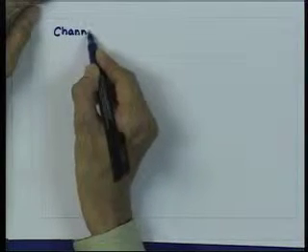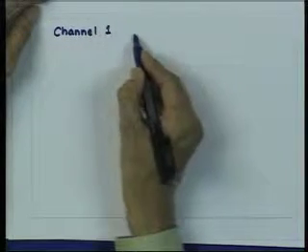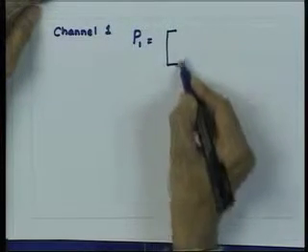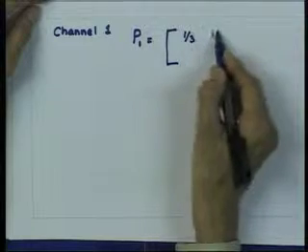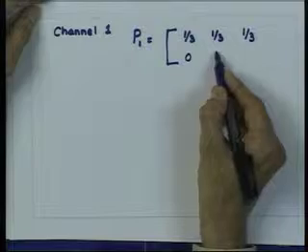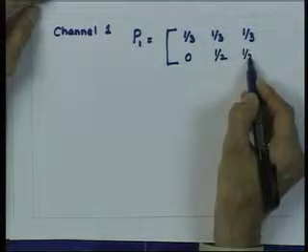So, let us look at one example which illustrates this point. Let us take channel 1 with a channel matrix given by P 1 equal to 1/3, 1/3, 1/3, 0, half, half.